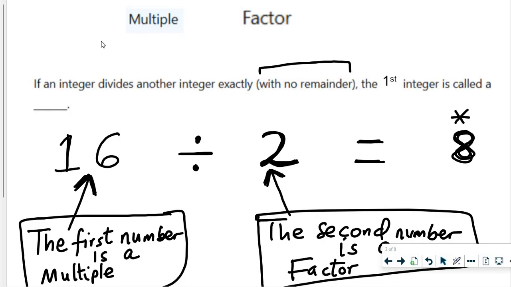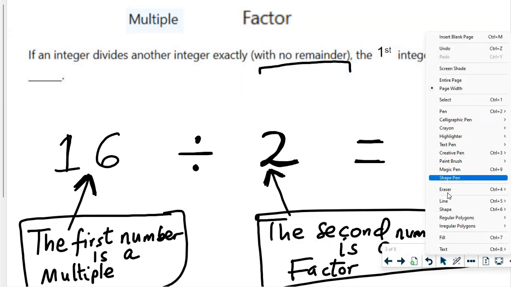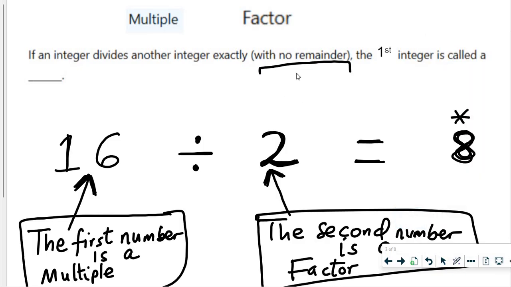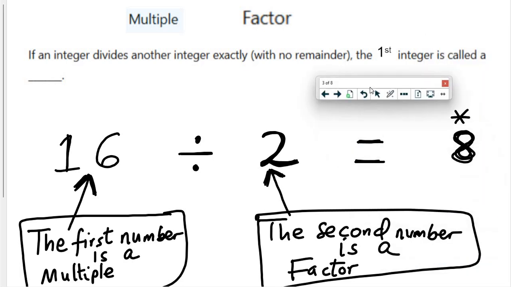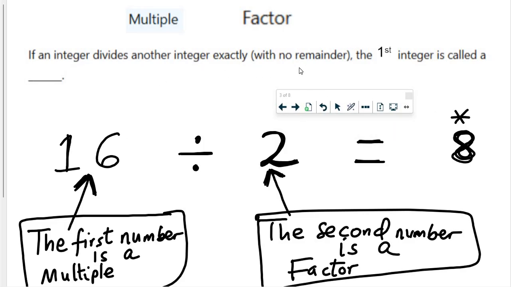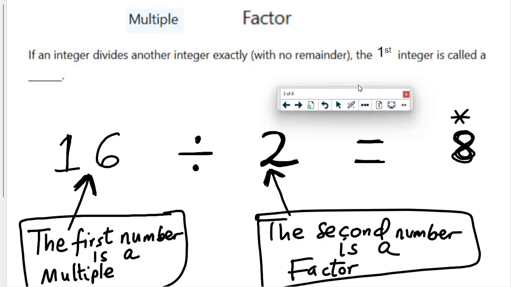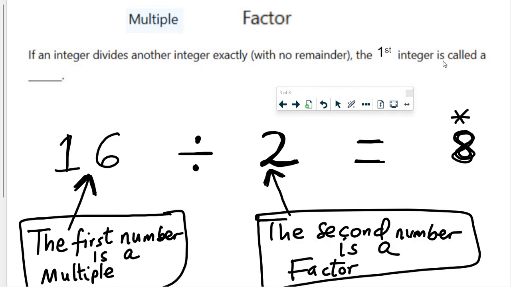If an integer divides another integer exactly, meaning without leaving a remainder, therefore, the first integer is called a multiple.